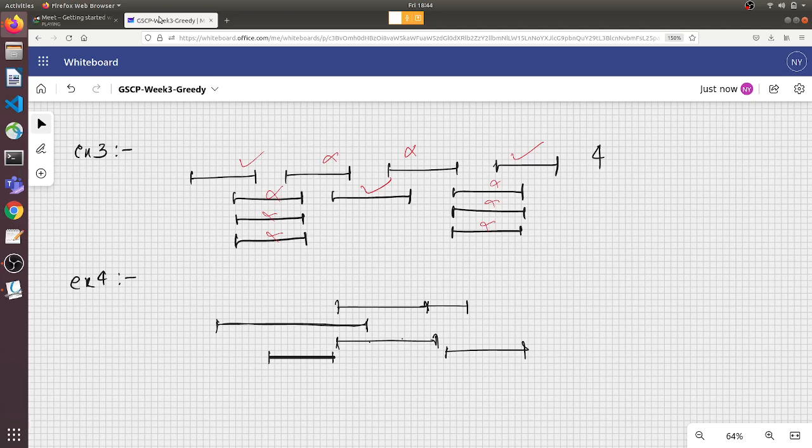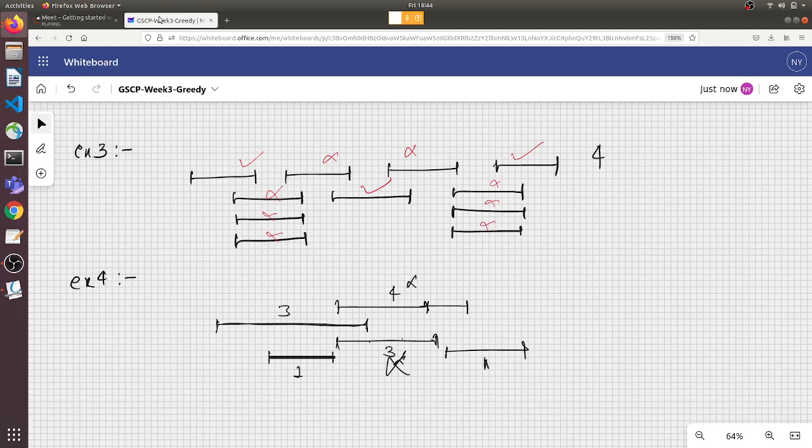Here, which interval has the most overlaps? The interval having the most overlaps, I'll just write it here. It has one overlap. This is 3. This has 4, 3, and 1. So we discard this one. Then we can discard any one of these, right? So first we discard the 4 one, then 3, 1.